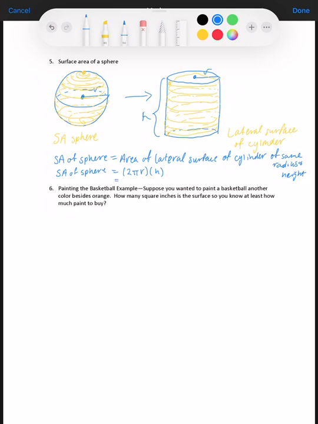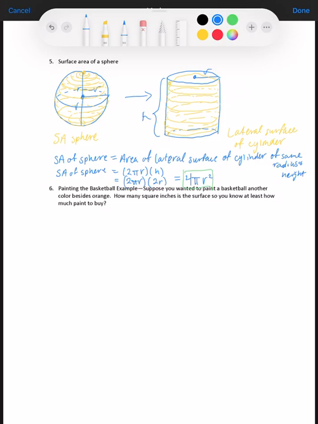Remember that the height from the sphere is going to be the same as the diameter, radius up there, radius up there, so twice the radius. When I combine the numbers together, the 2 and the 2 make 4. The pi comes along for the ride, and r becomes r squared. So that's the formula for the surface area of a sphere.